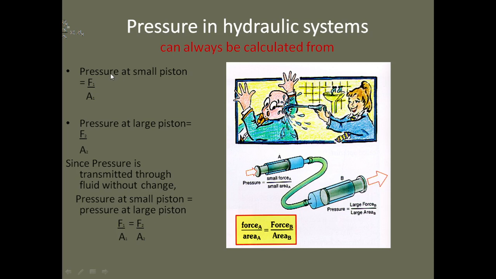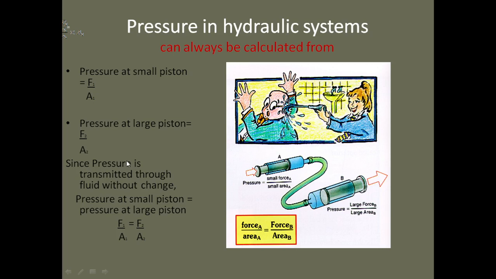So pressure at the small piston on this side will be force over area, or F1 over A1, whatever is the force here, call it F1, over A1. Pressure at the large piston here will also be F2 over A2, whatever is the force here over the area of the piston.